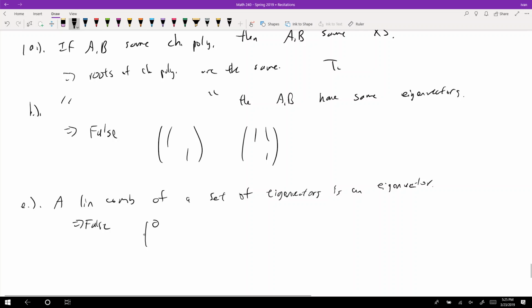So maybe let's say the matrix [0, 1; 0, 0]... Actually for lambda equals 0, the eigenvector is (1, 0), and for lambda equals 1, the eigenvector would be (0, 1). But is (1, 1) an eigenvector? No.